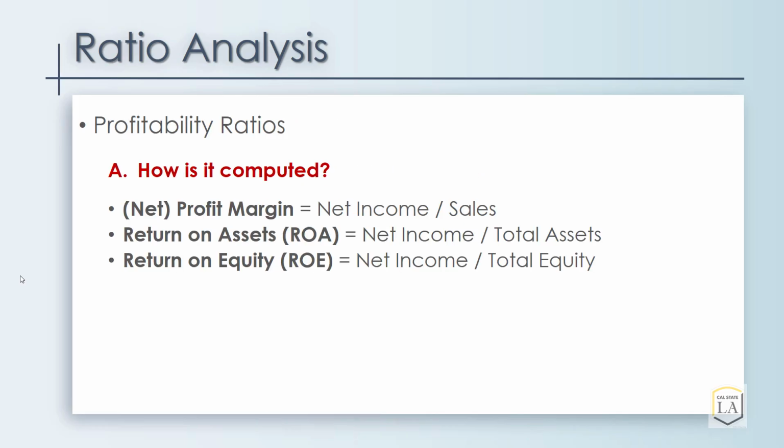The fourth group, profitability ratios, would be probably the most widely known ratios of all. Under that category, you would see profit margin, return on assets, ROA, and also return on equity, ROE. These would have net income as numerators, and it will be divided by sales, total assets, or total equity.